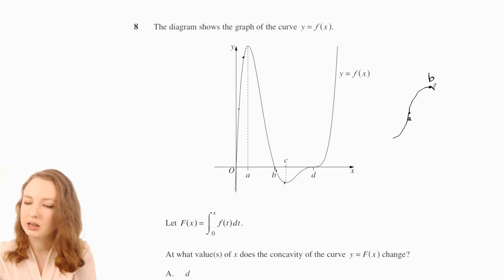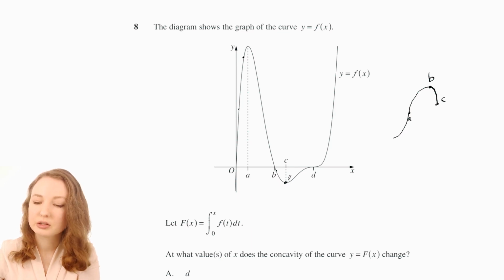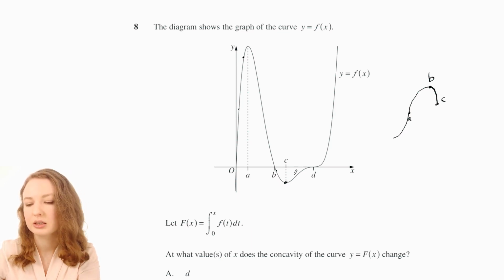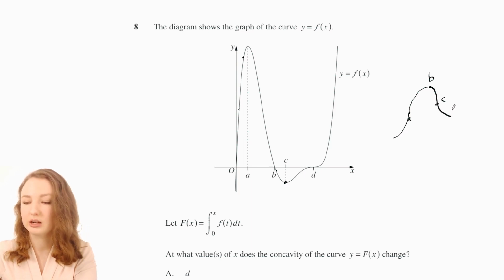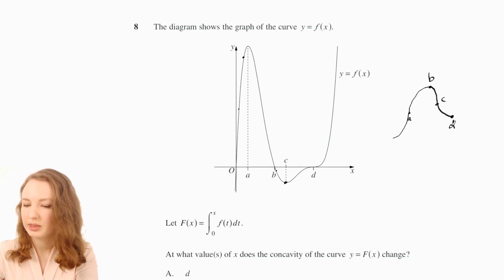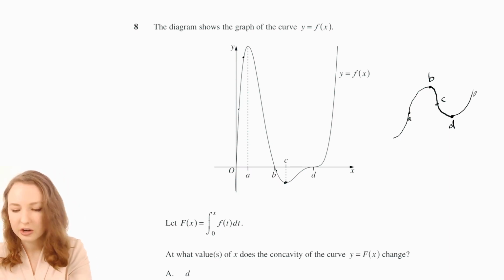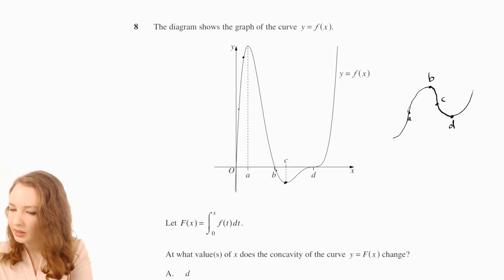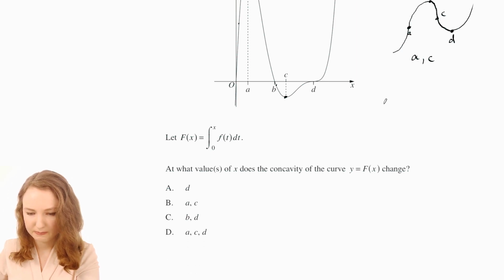So it's getting steeper negative until we reach C. And then the slope is still negative, but it's getting towards 0. So it's doing that kind of thing. We reach D, and we've got a slope of 0. And then we've got a positive slope again. So you can see that the concavity changes just at A and C. So that would be B.